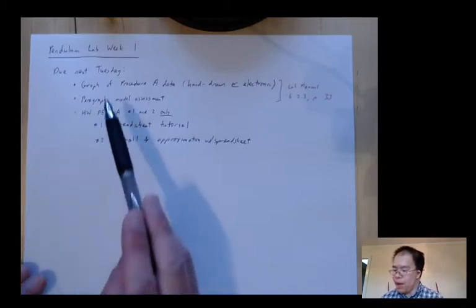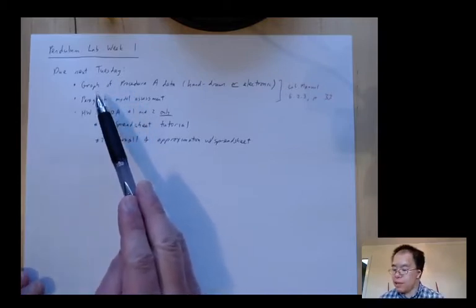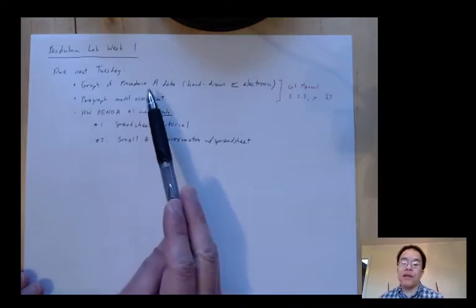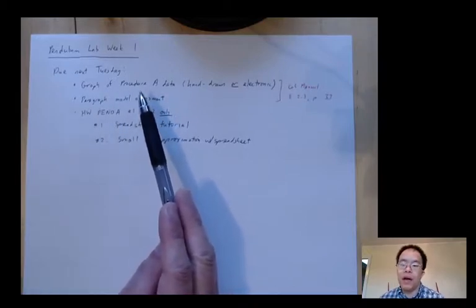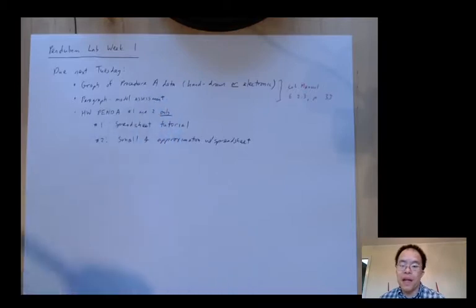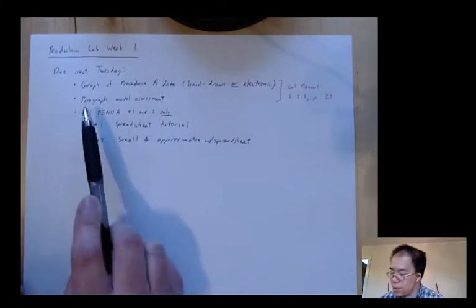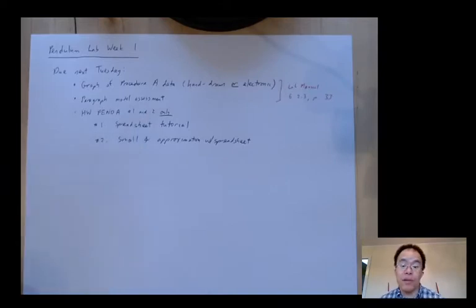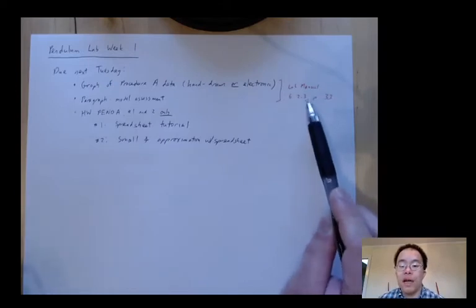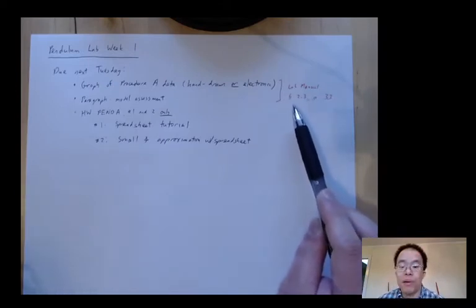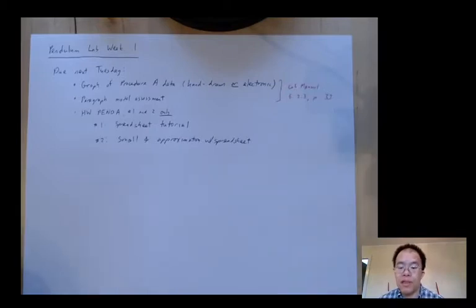First of all, based on today's experiment, I'd like you to turn in a graph of the data we take for procedure A. This can be either hand-drawn or electronic. I would also like you to turn in a paragraph where you assess whether the model describes your data. These two items are listed in the lab manual under section 6.2.3 on page 33. You don't need to turn in a data table because we're all looking at the same data.